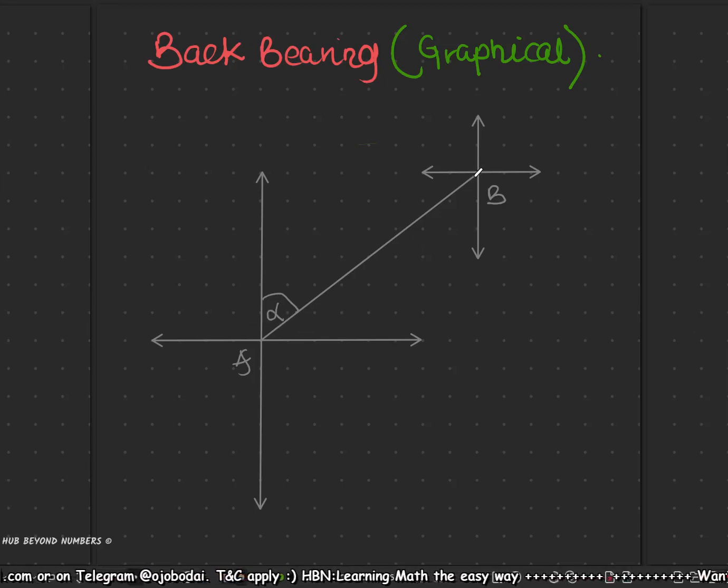Now that you are at that place, what angle should you incline your vehicle to come back to where you were previously at? So you are at A, the bearing of B from A is this alpha over here. Now I want the bearing of A from B, the back bearing. That's what we call the back bearing.